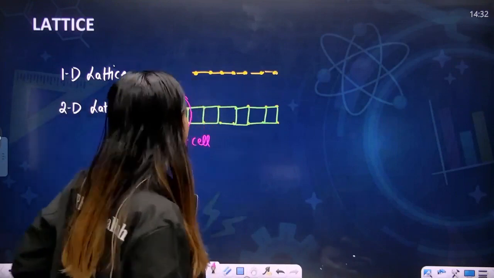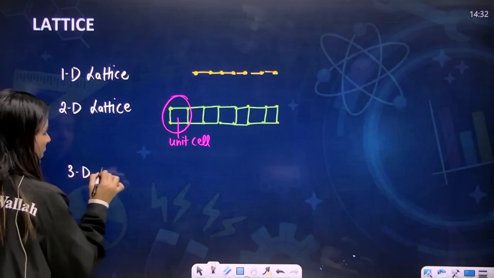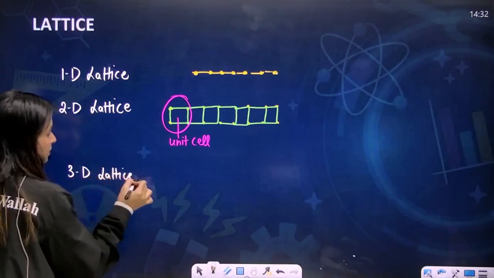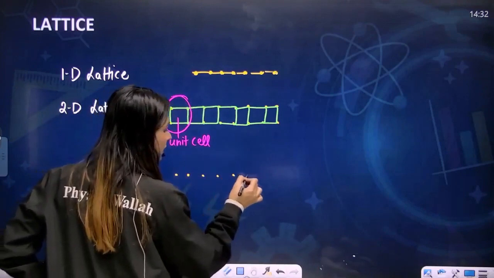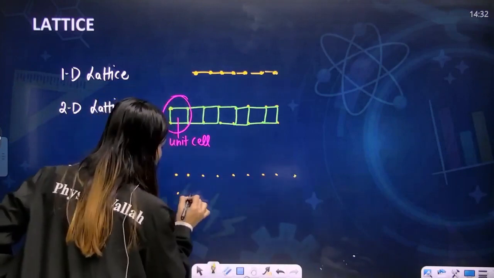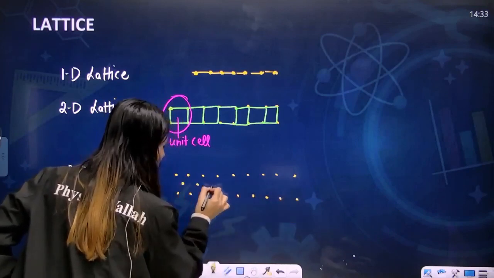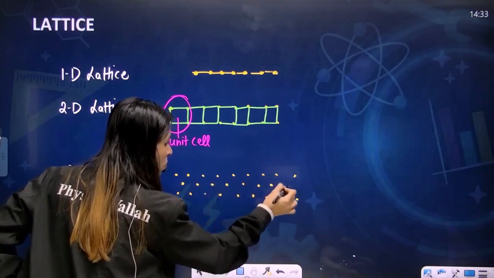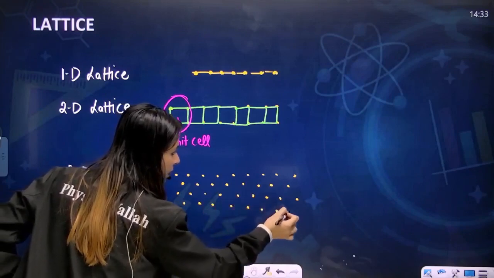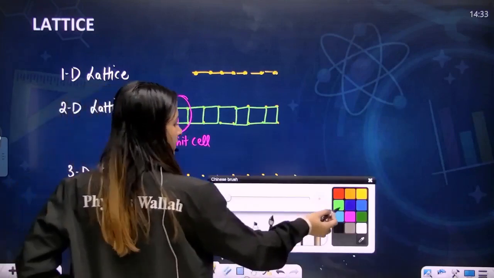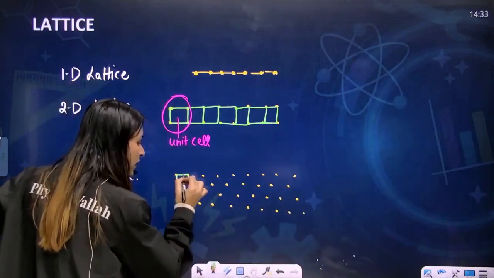Okay, let's talk about the three-dimensional lattice now. For a three-dimensional lattice, we will need something like this. I'll just make you understand. Don't worry. When ma'am is here, why to fear? See, connect these four and repeat it.